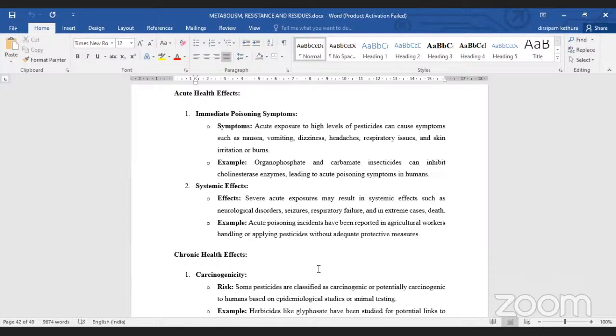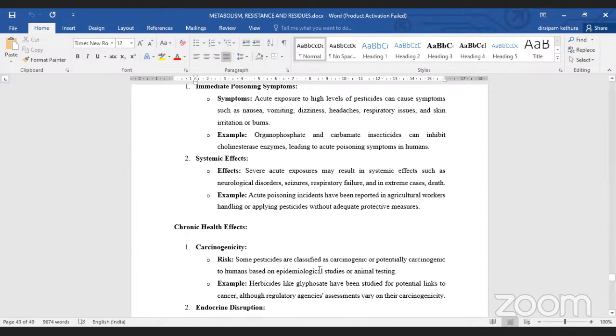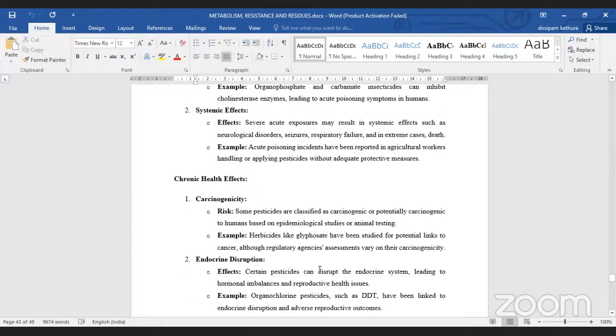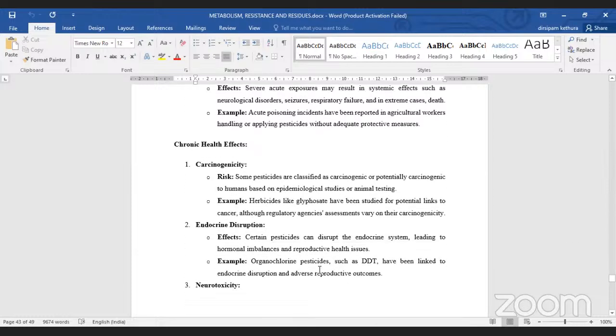And the second one here is chronic health effects. These include cancer or other tumors. So the first one is carcinogenicity. Some pesticides are classified as carcinogenic or potentially carcinogenic to humans based on epidemiological studies or animal testing.